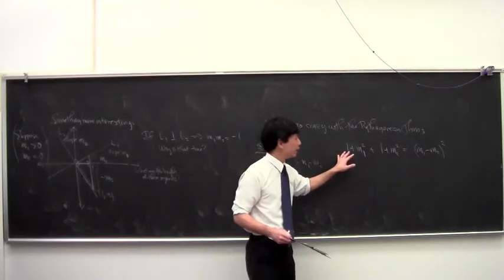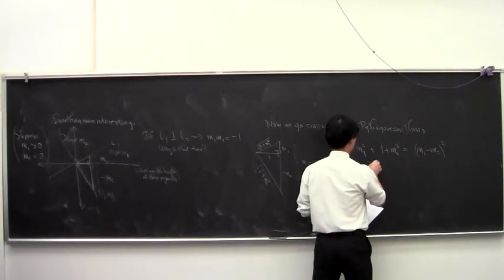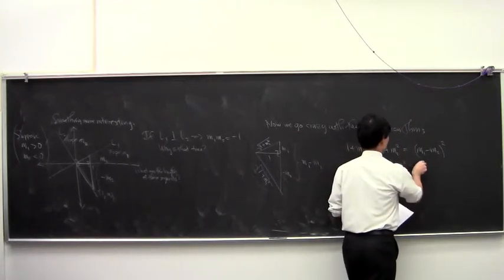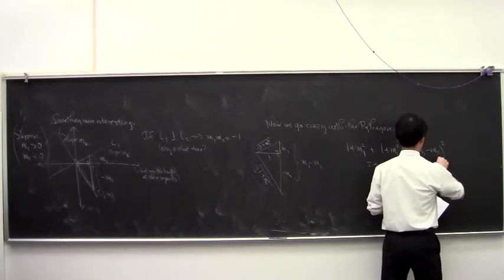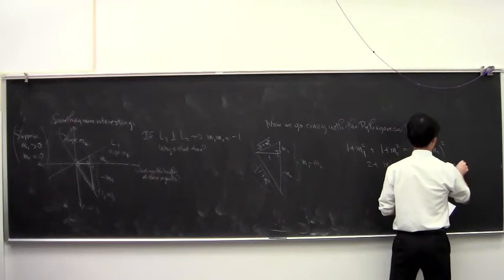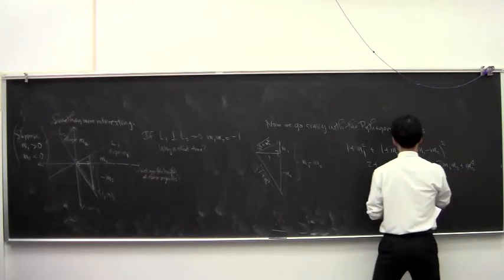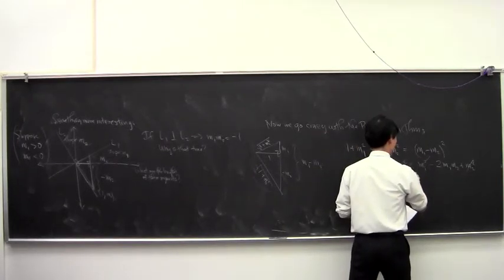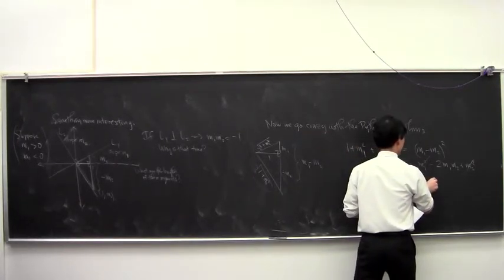Okay. And then you just follow your nose. 1 plus m1 squared plus m2 squared equals m1 squared minus 2 m1 m2 plus m2 squared. These guys cancel out, and you get negative 1 equals m1 m2.